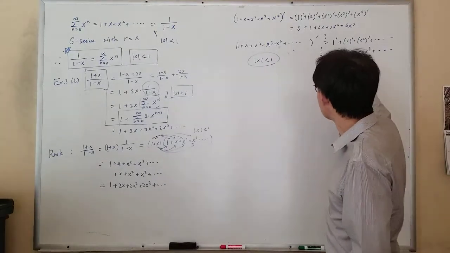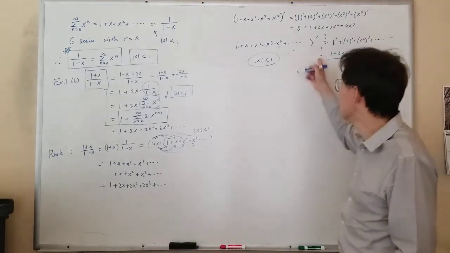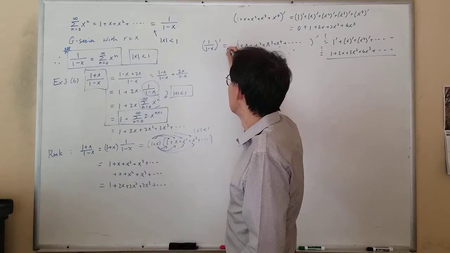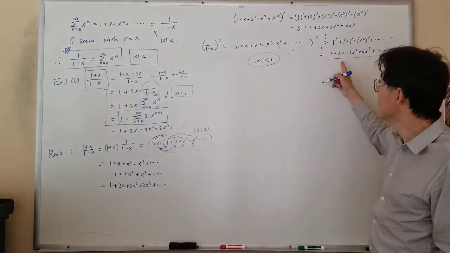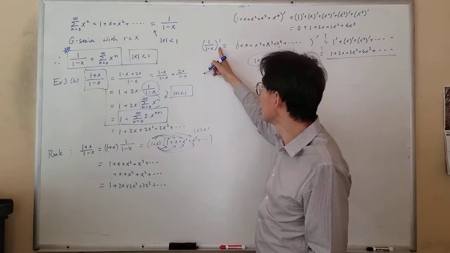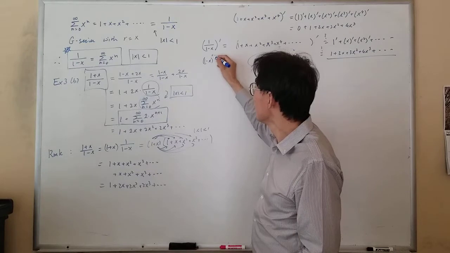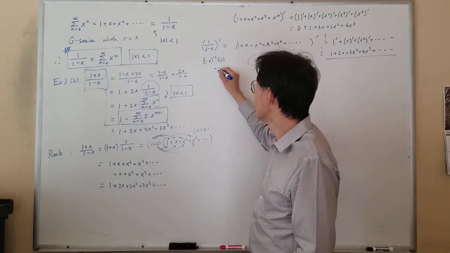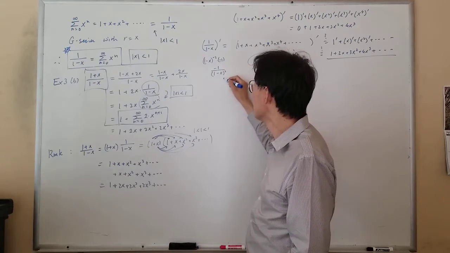Actually, this one works. This is also the power series representation of what was the original function. This was the original function, right? It turns out to be that, what's this? 1 minus x to the negative 1, then negative 1 times negative 2... So you have negative 1 over 1 minus x squared, right?